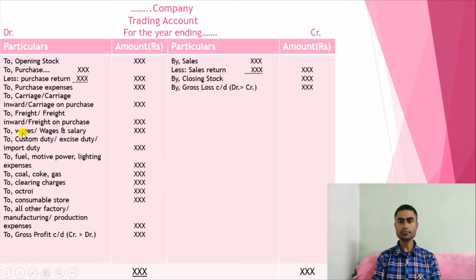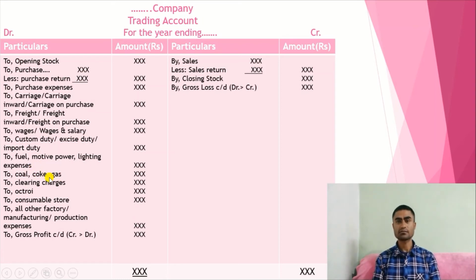And wages and salaries also recorded here, but salaries and wages are not recorded, remember. Wages and salaries are recorded here, but salaries and wages are not recorded here. And then fuel, motive power, lighting expenses are also recorded in debit side of trading account.